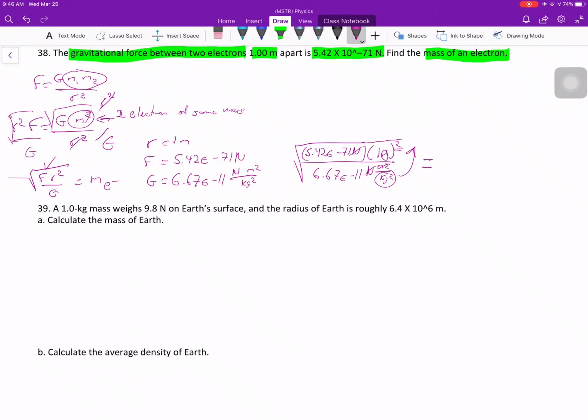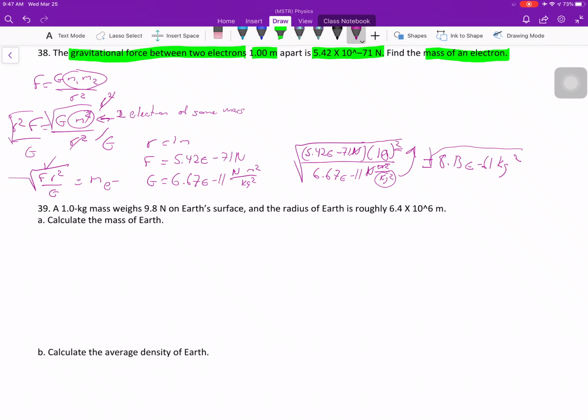And once again, the hardest part of this problem is probably putting it into your calculator, and as you put it into your calculator, it should ultimately give you the answer of 8.13 times 10 to the negative 61 kilograms squared, that's the squared unit.